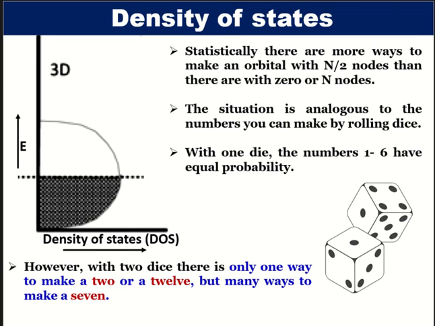So there is only one way to make 2 or 12, but there are many ways to make a 7.